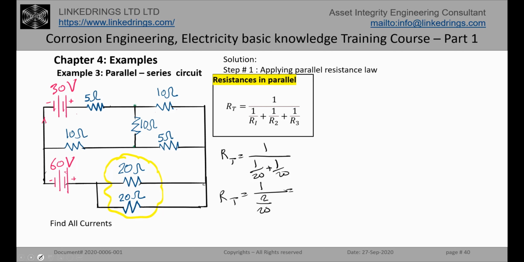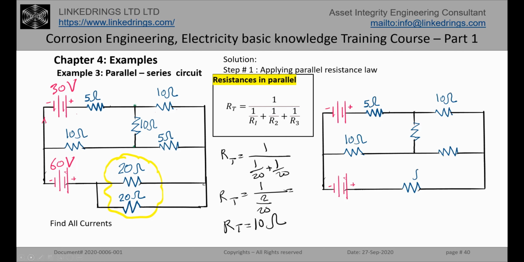As we remember, these two values are the same, so it will become 1 plus 1, which is 2, divided by 20. So R total equals 10 ohms. Why? Because the 20 goes upside, so 20 divided by 2 is 10 ohms. Now we have a new simplified circuit, where we replace these two resistances by one resistance of 10 ohms.